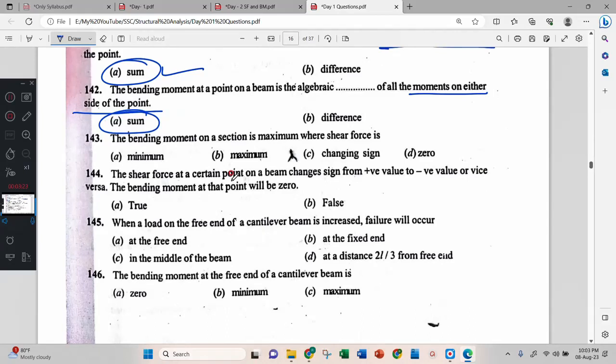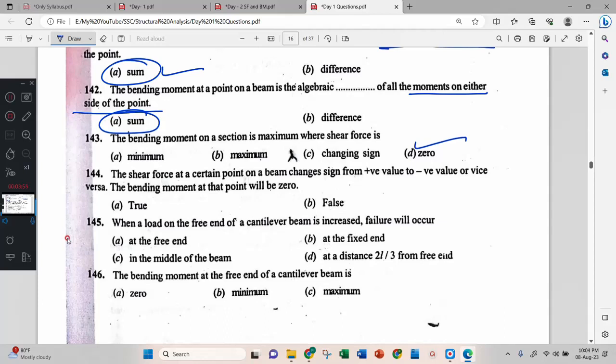Bending moment on a section is maximum where shear force is 0. If shear force at a certain point on a beam changes sign from positive to negative, and vice versa, bending moment at that point will be 0.